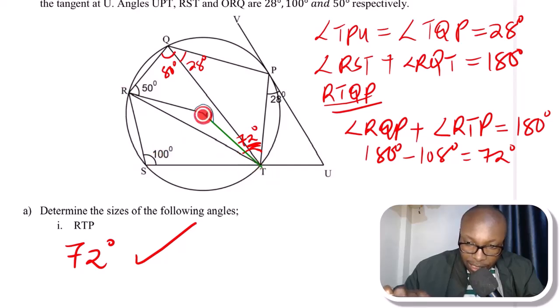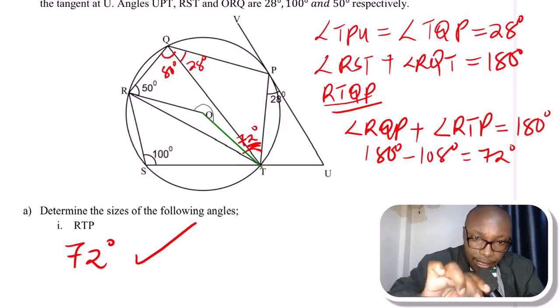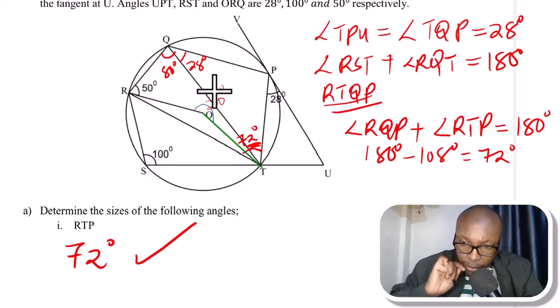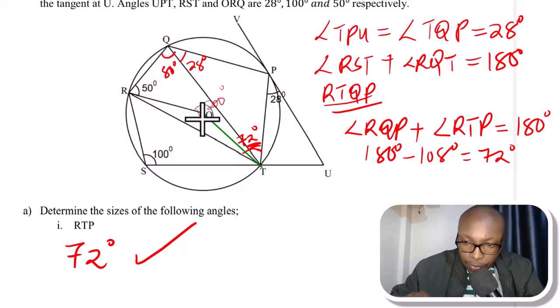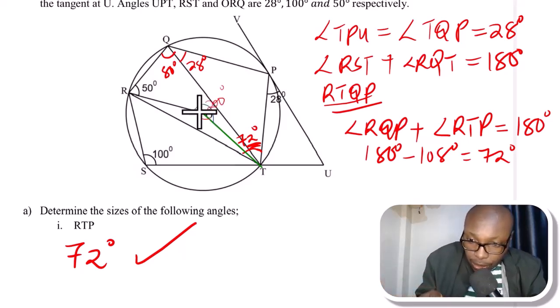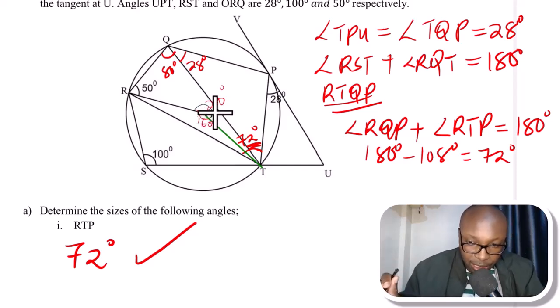So this angle at the center should be twice that, which is 200 degrees. If that angle is 200 degrees, then the other one here, because of the sum of angles at a point, should be 160 to make 360. So 200 plus 160 is 360.